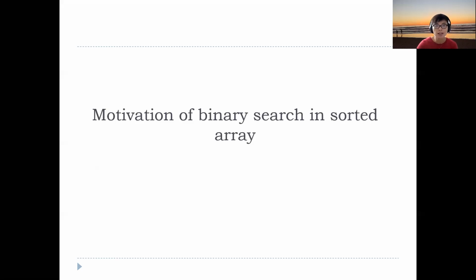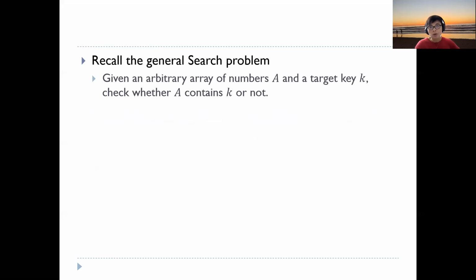Some motivations. We already talked about the general search problem. In the simplest form, you're given an arbitrary array of n numbers, stored in A, and a target key K, and you're supposed to find out whether the array A contains this key or not.